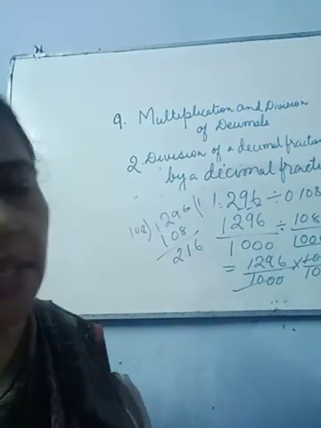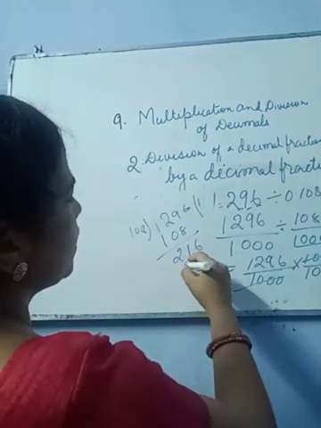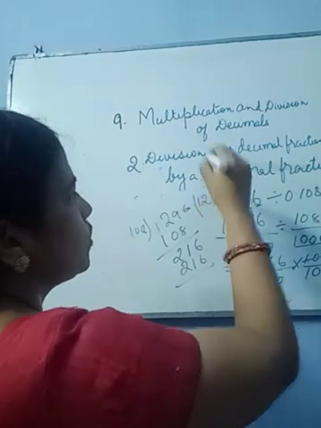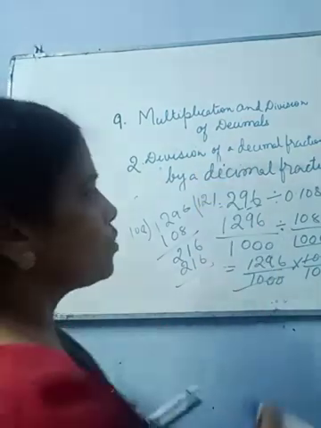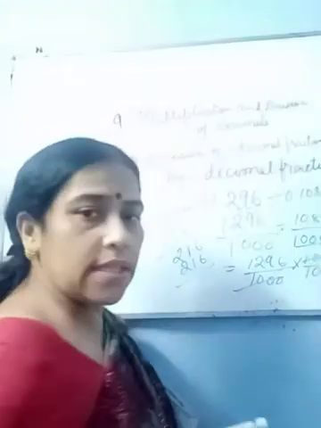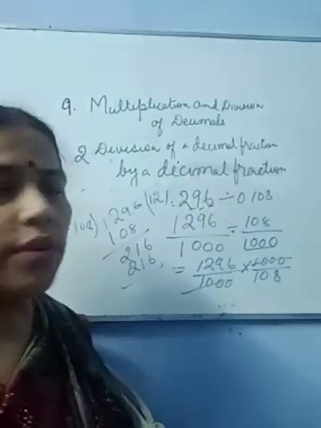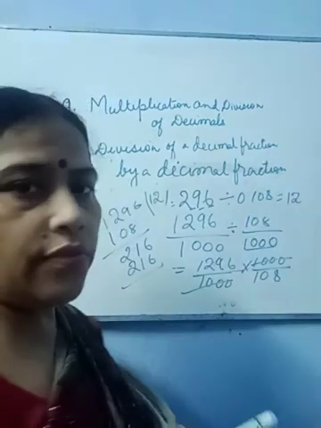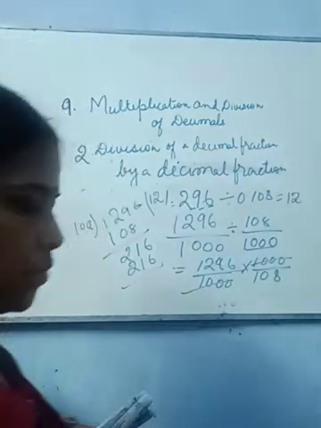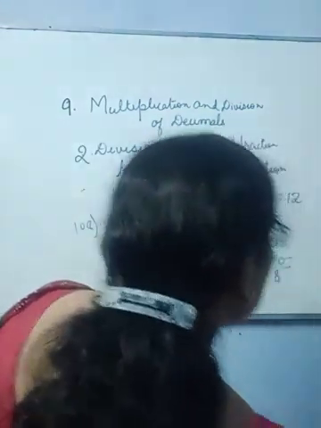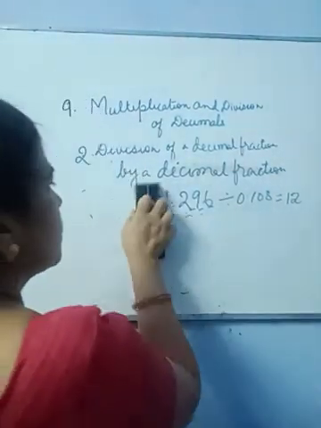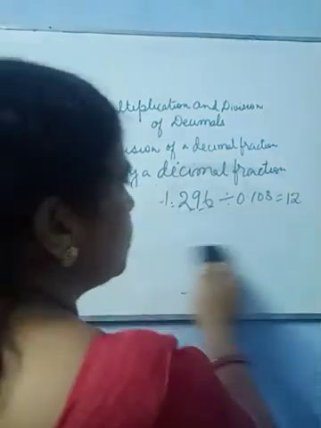So 216, how many times will it be divided by 108? 2 times. So the answer which we are going to get is 12. When you solve like this, we have to divide using the decimals. So in this way we will solve.